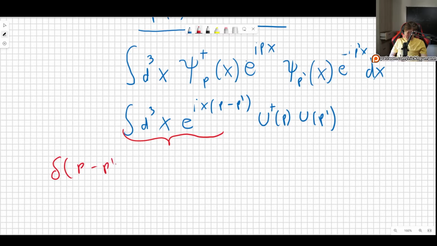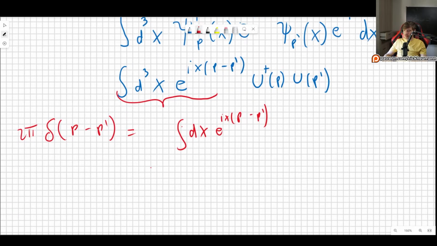The Dirac delta in integral form is 1 over 2 pi times the integral of dx, in one dimension, e to the ix(p minus p prime). So this is almost the same. We need to multiply by 2 pi. So the integral that we have there is 2 pi times the Dirac delta for a given direction. We have 3 directions, so basically what we have is the 3-dimensional Dirac delta.